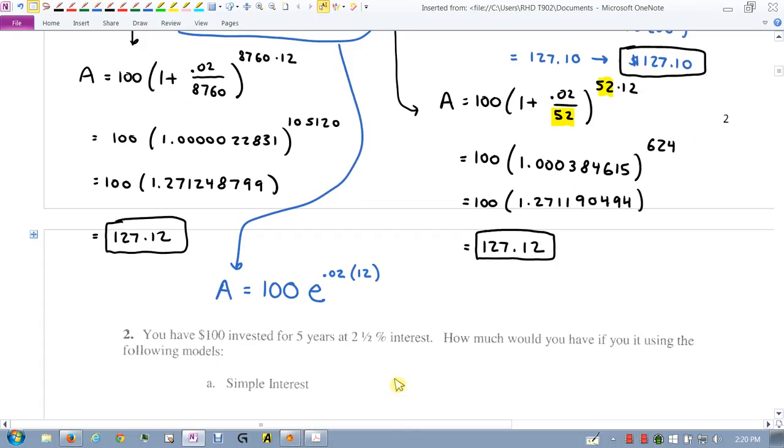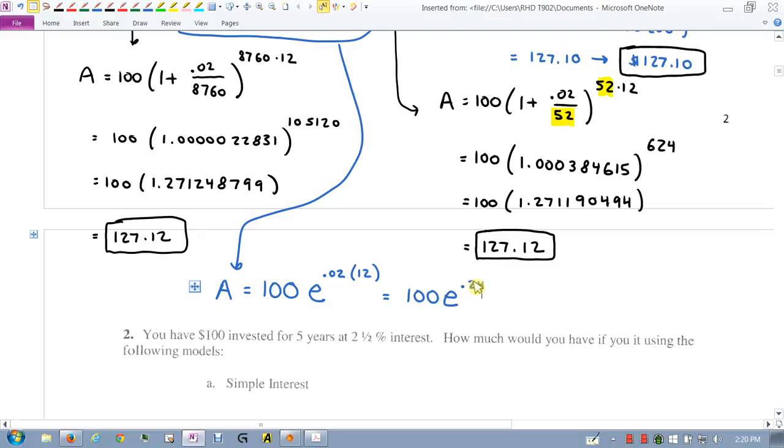Now, order of operations says I'm going to do, what's 0.02 times 12 first? Let's do that. 0.24. And so on your calculator now, don't do 100 times E. Do E to the 0.24 first.